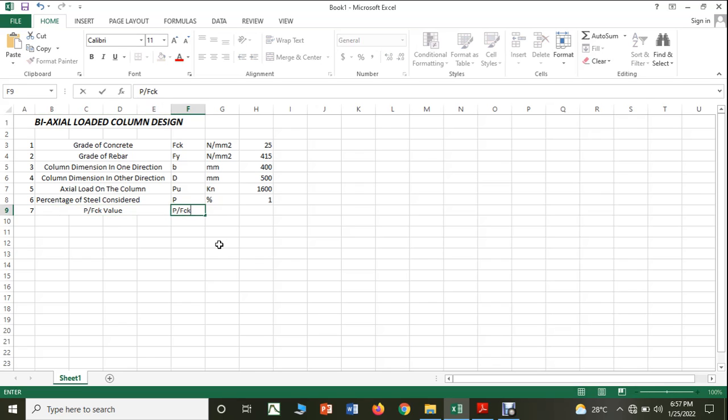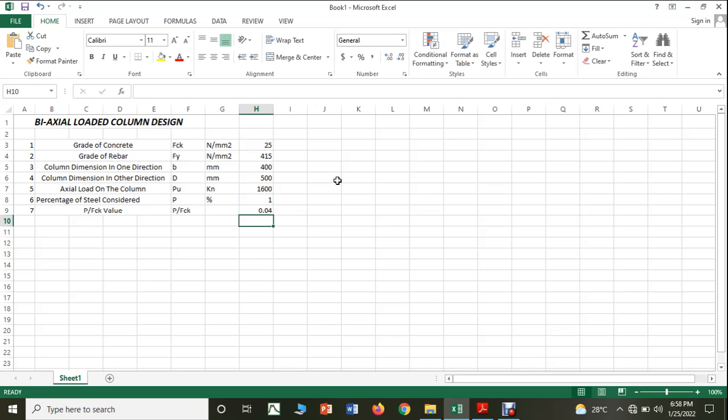There is no unit for this. So I can assume P by FCK as 1 by 25, which you are going to get as 0.04.